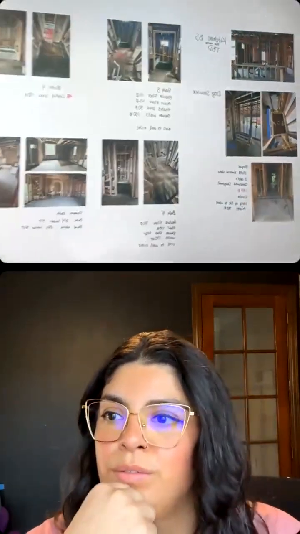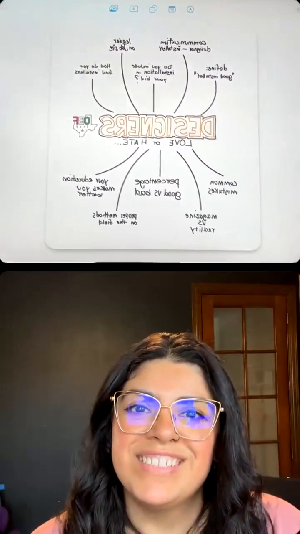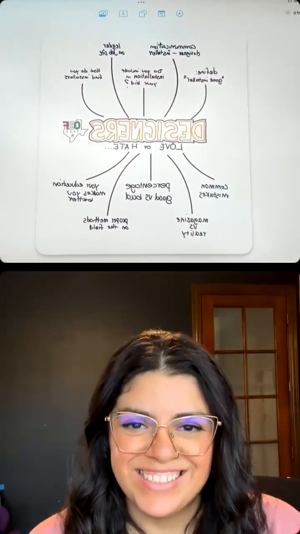Then when I get home, I'm not wondering about details I missed at the job site because I can look back at the picture and figure it out. I can also do cool little designs like this. So this is today's little diagram.